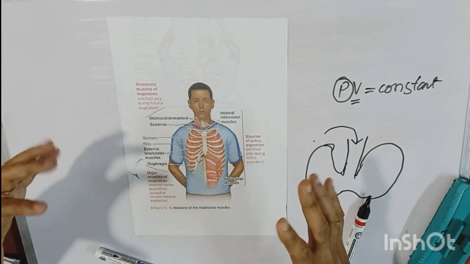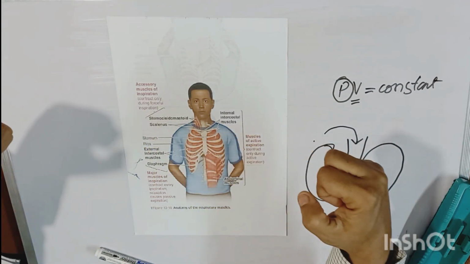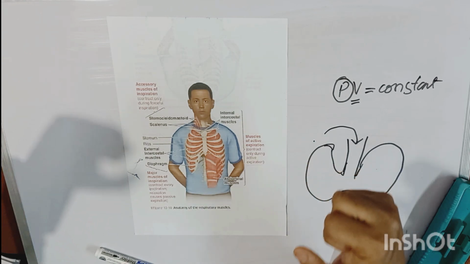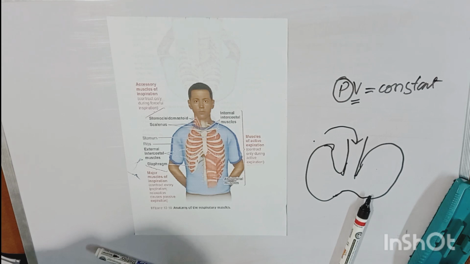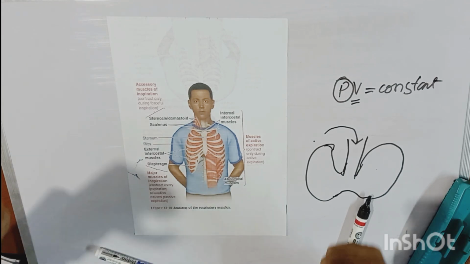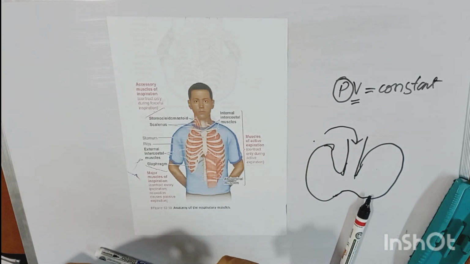These muscles are present in the neck, and they pull up and increase the thoracic volume. These are the accessory muscles of inspiration, and they only contract during forceful inspiration, when you try to put more air inside the lung.